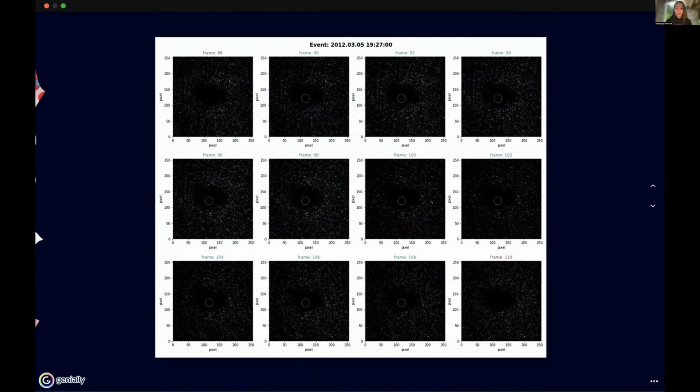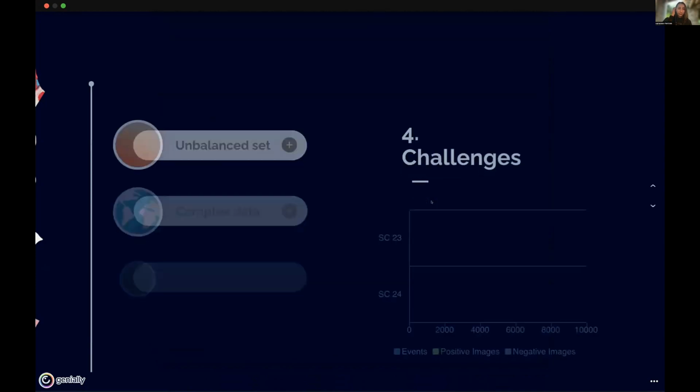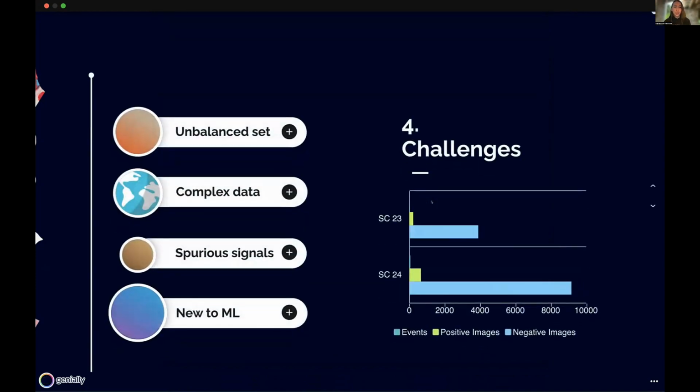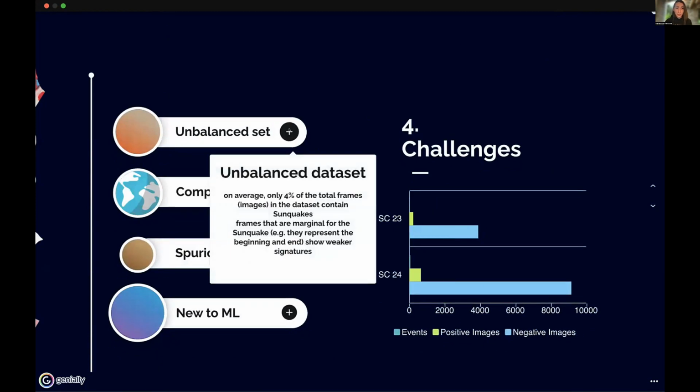So what I want to underline here is that these data sets generally come with a lot of challenges. I would like to highlight this one in particular: the data sets are very, very unbalanced. On average, we have 4% of the total frames of our events with sunquake signatures present.